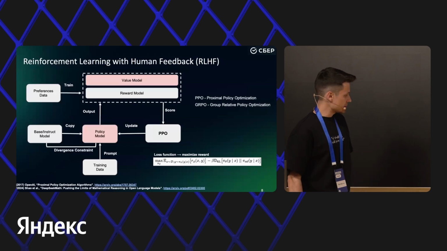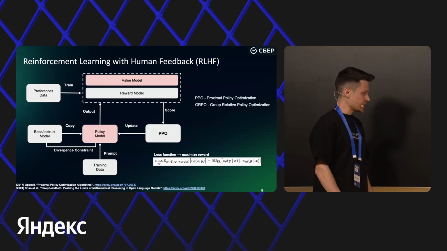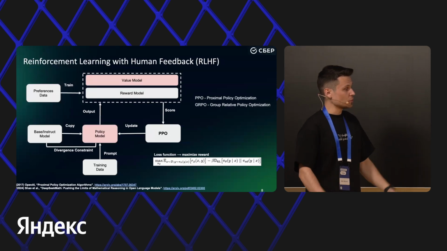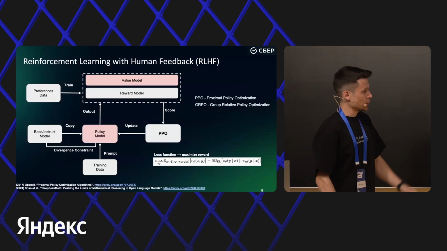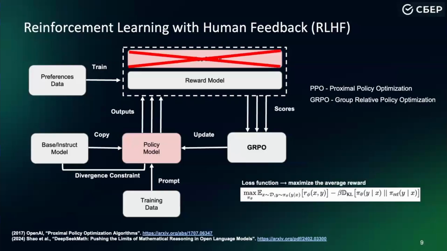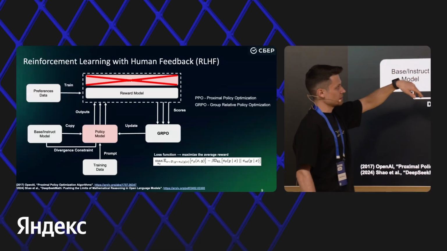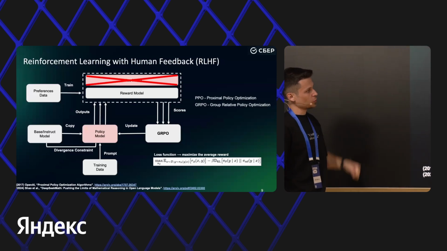But last year, in 2024, the team from DeepSeek developed a new approach, the so-called GRPO. This GRPO approach is just an improvement of the PPO approach. What they did was remove the value model, and instead of generating just one output per iteration, they generate many outputs, a group of outputs.